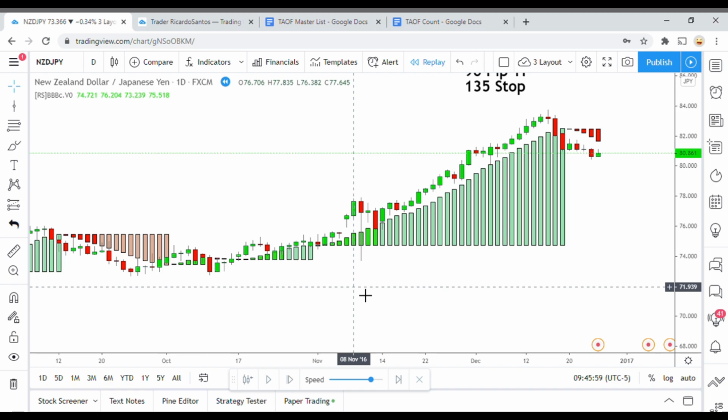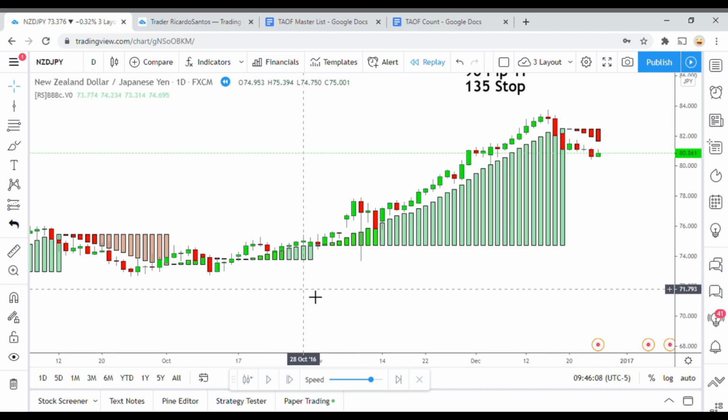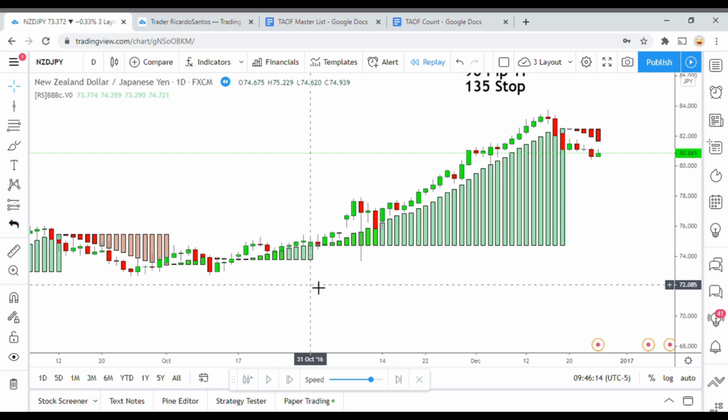And this is a two-part type setup, in my opinion. I could be wrong. Again, I'm just deciphering the indicator and the things that it does to get an idea of how we should be testing it.